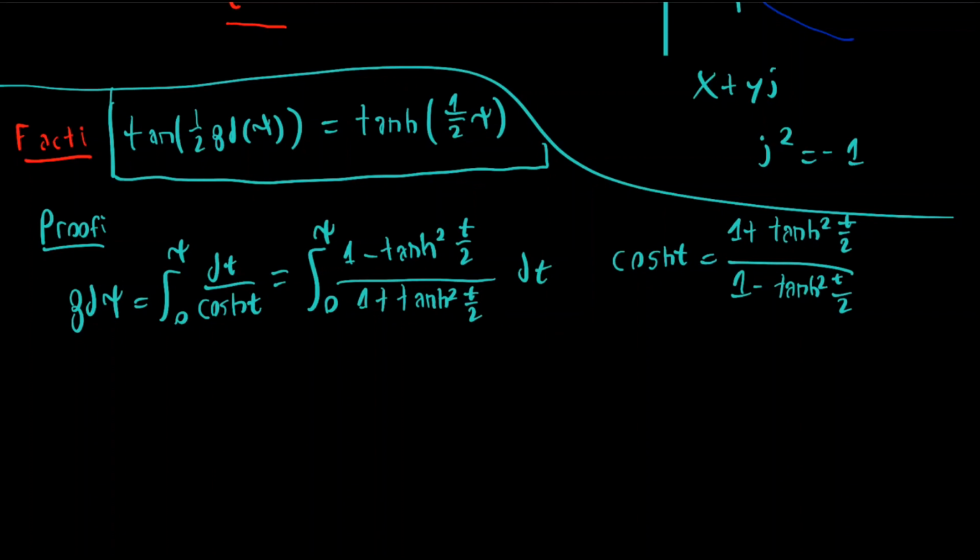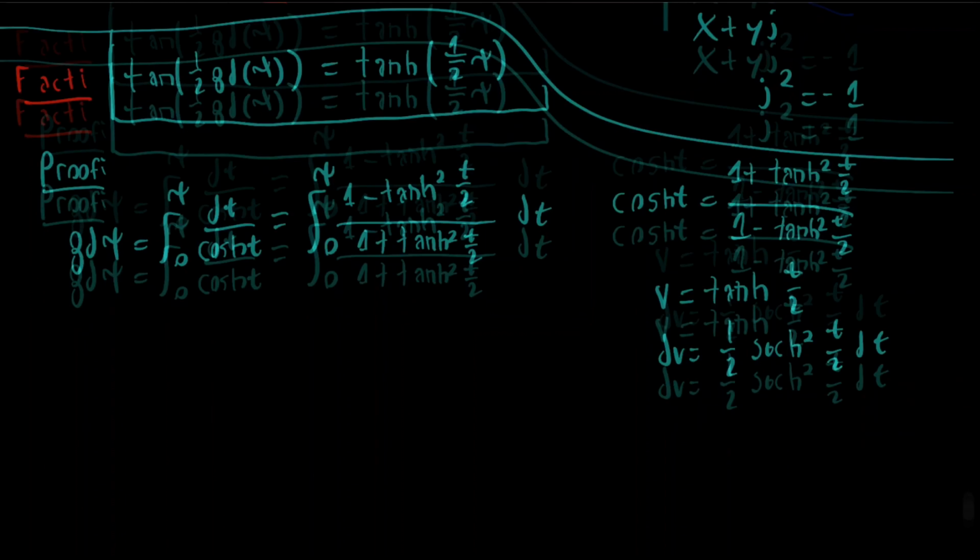And now we're going to perform a substitution, namely we set v equal to the hyperbolic tangent of t over 2. From this we get that dv will be equal to 1/2 hyperbolic secant squared of t halves dt.